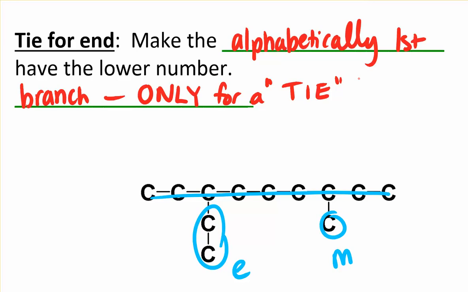Okay, only to break a tie. Even on that last one, we had ethyls and methyls. We didn't number according to the ethyl. We went by the one that was closer to an end. But on this one, there is a tie. So ethyl wins. I need to number according to where the ethyl is, which means this is number 1.